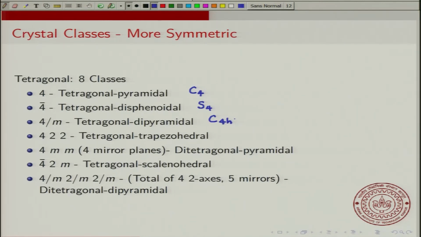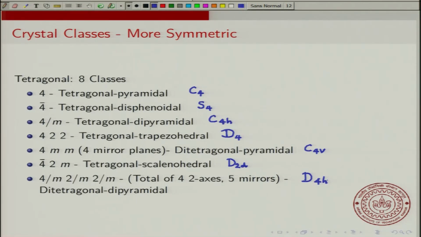If you have 422, the Schoenflies symbol is just D4. Similarly, if you have 4mm, this is C4v. The 4 bar 2m is D2d, and then 4/m 2/m 2/m is denoted as D4h. So these are the tetragonal groups.